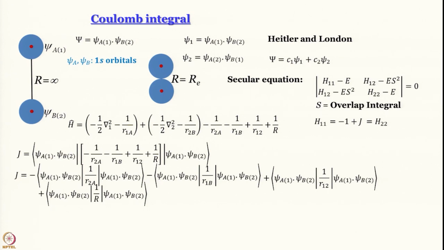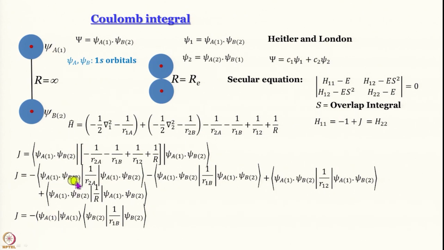So, now what are these? The first one is again a double integral, right. Since I have 1 by R2A, I cannot take psi B2 out, but I can take psi A1 out and write it as an integral of psi A1.